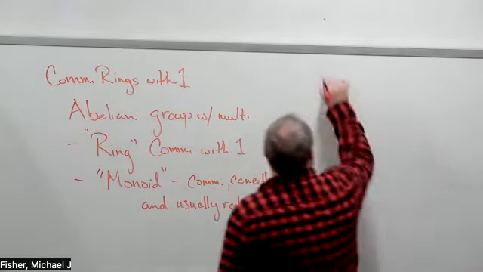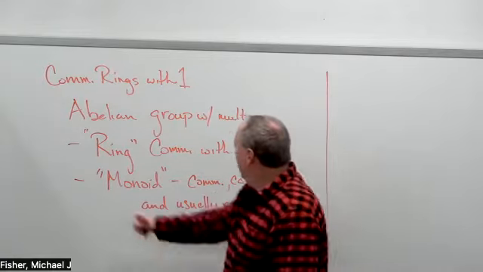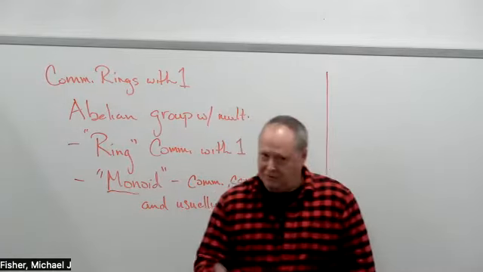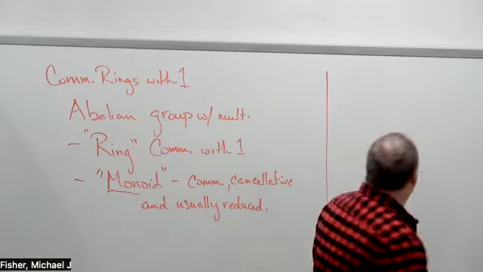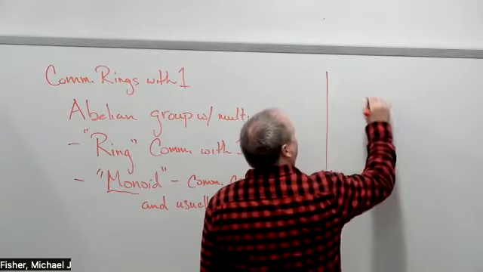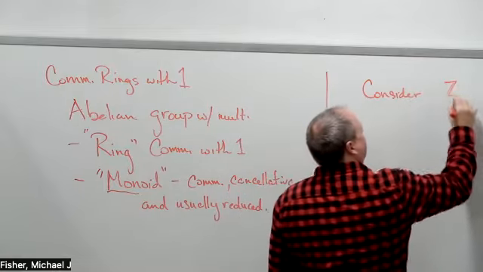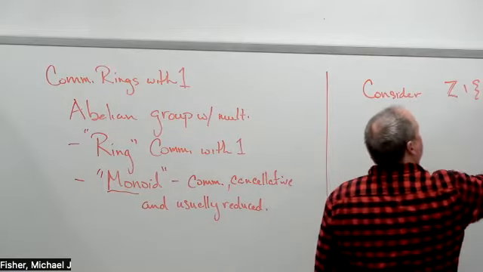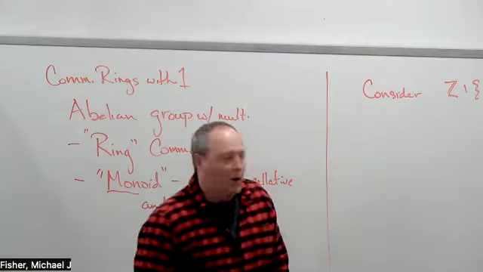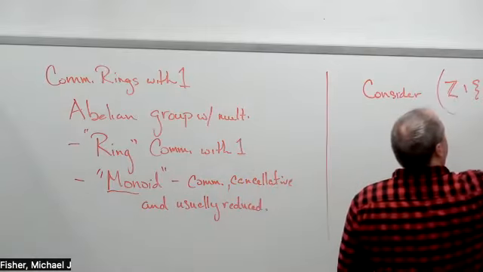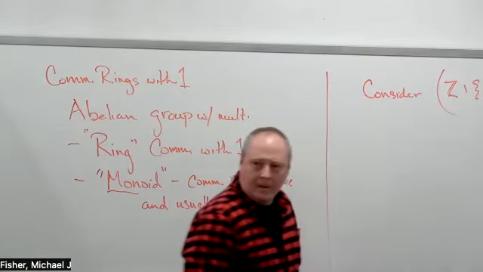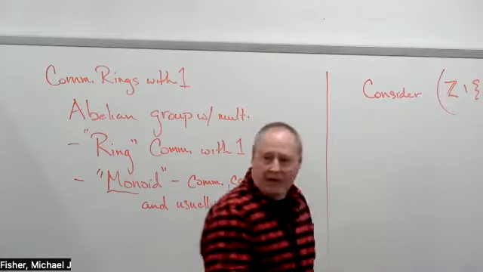Let me give you an example of a monoid. Monoid, I think of this as just, it's got one operation, mono, right? So consider Z minus zero under the operation multiplication, right? So this is everything except zero.